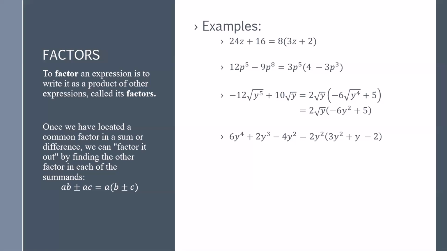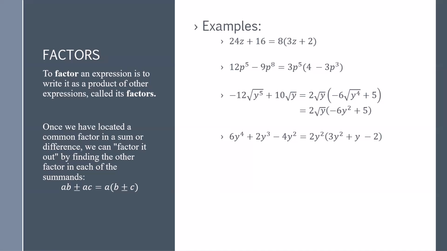In the expression 6y to the 4 plus 2y cubed minus 4y squared, each term has a y squared and a factor of 2. So we factor out a 2y squared from the expression. The first term has 3, since 2 times 3 is equal to 6, and a y squared, since y squared times y squared is y to the 4th.